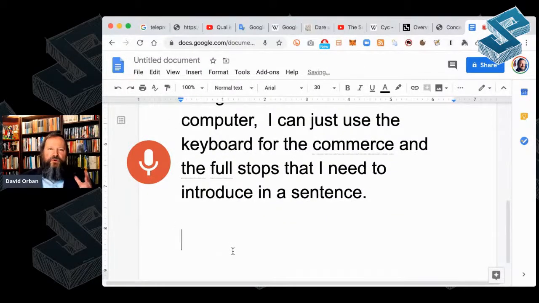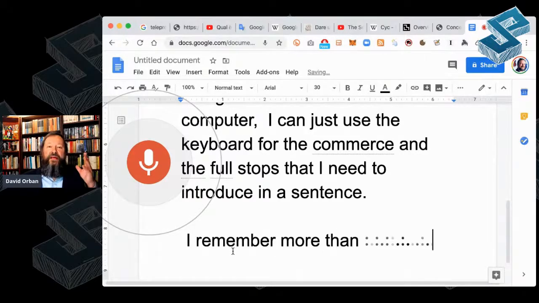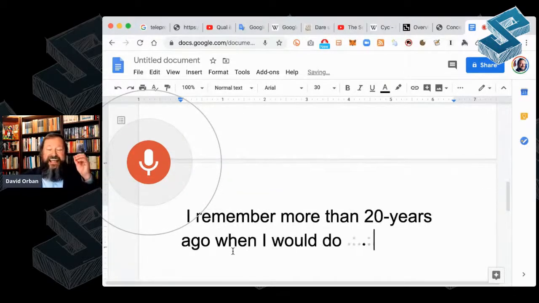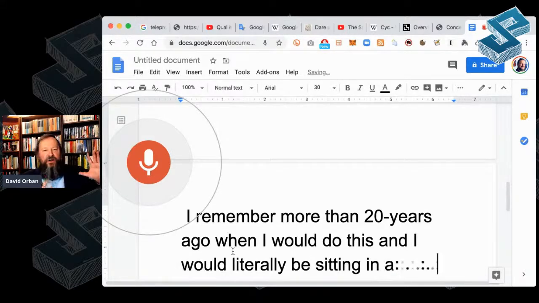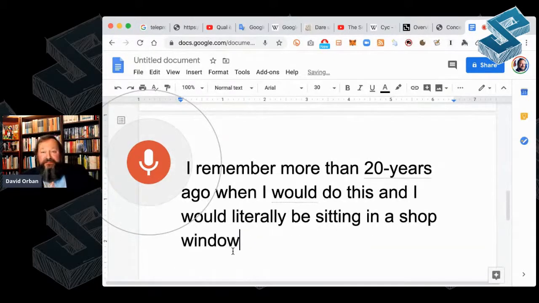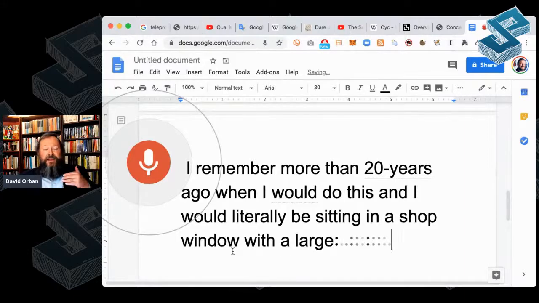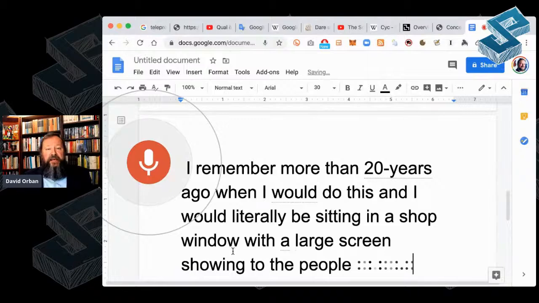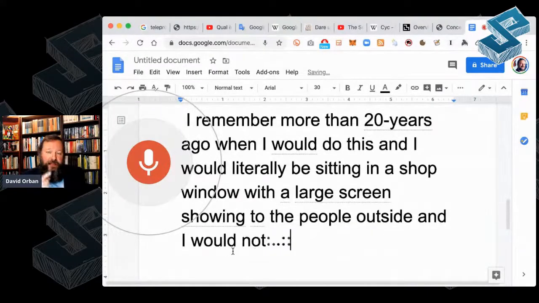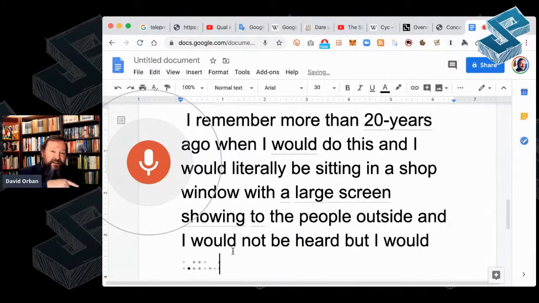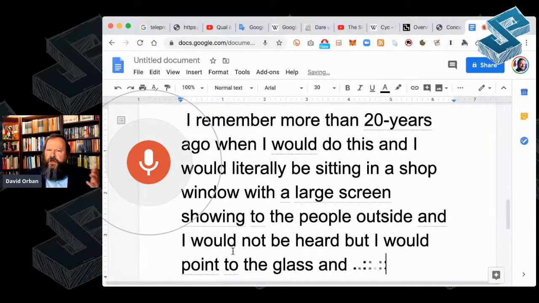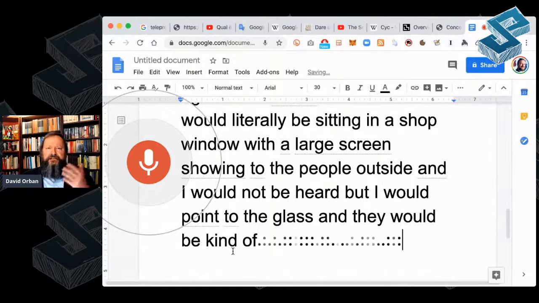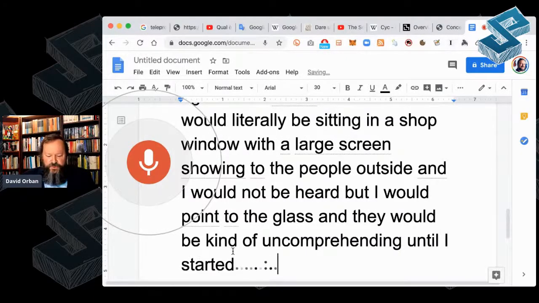I remember more than 20 years ago when I would do this, and I would literally be sitting in a shop window with a large screen showing to the people outside, and I would not be heard, but I would point to the glass, and they would be kind of uncomprehending until I started having conversations with them.